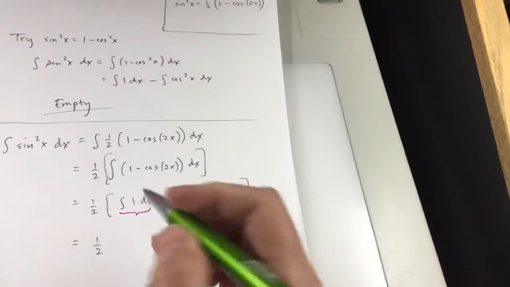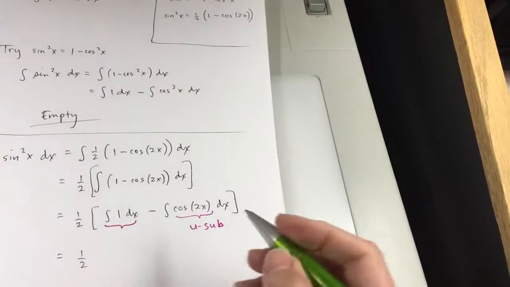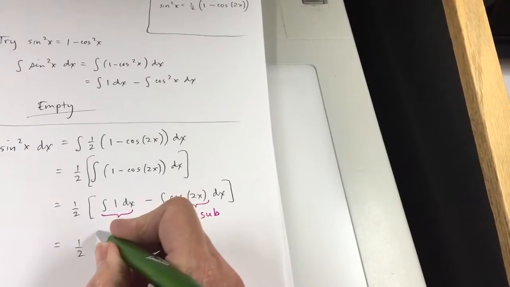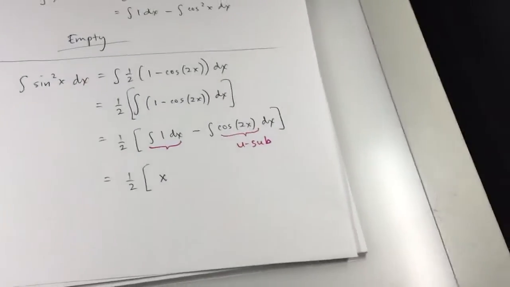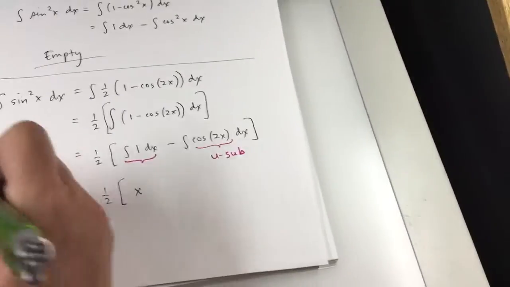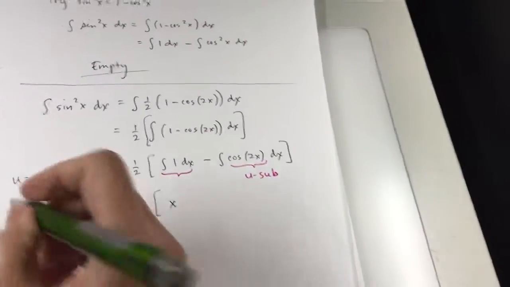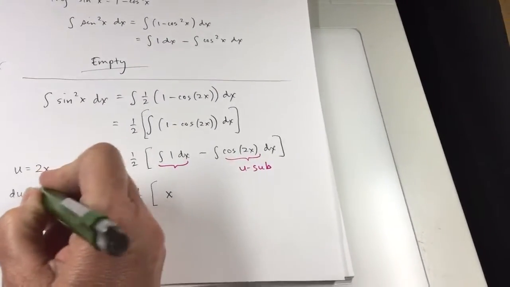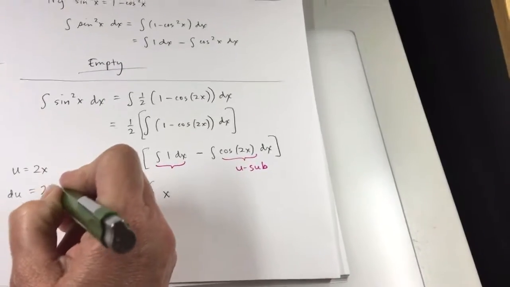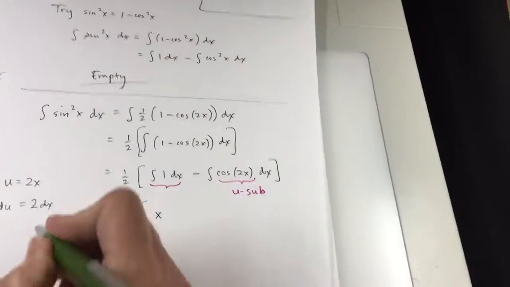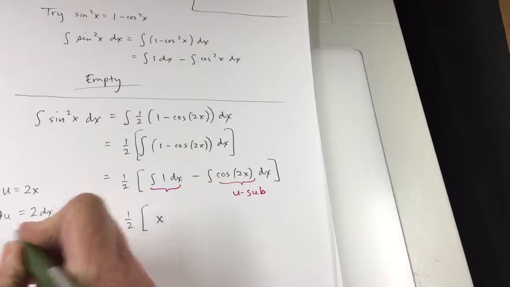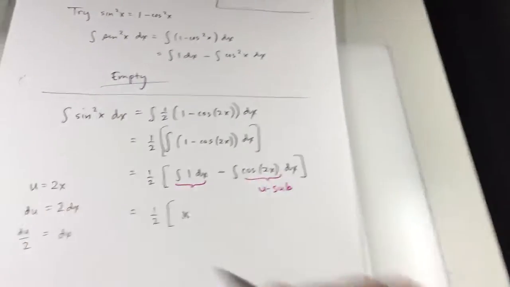So my 1/2 is multiplied by both. I'll multiply it at the end. The antiderivative of 1 is x. For this part, u equals 2x. And what's the derivative of u? 2dx. So dx is du over 2.